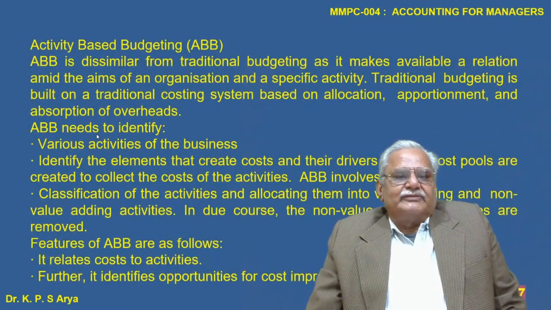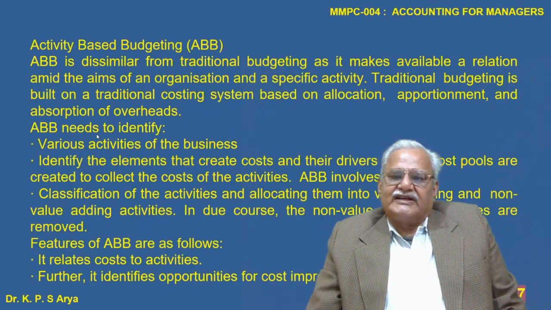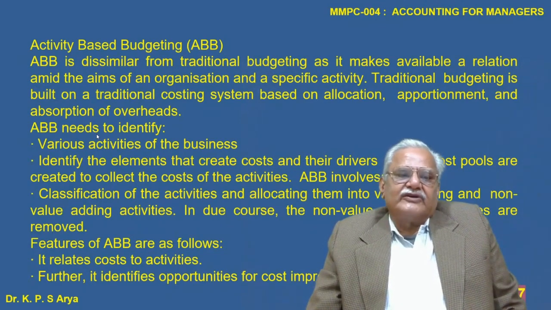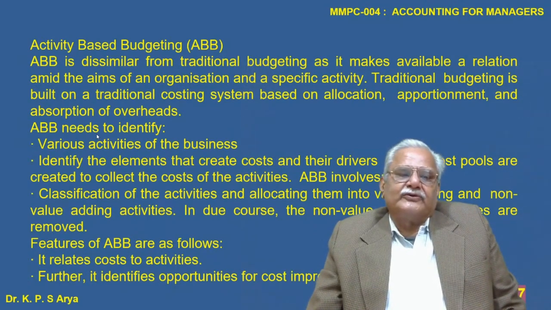The activity-based budgeting, ABB, is dissimilar from traditional budgeting, as it makes available a relation between the aim of an organization and the specific activity. Traditional budgeting is built on a traditional costing system based on allocation, apportionment, and absorption of overheads.